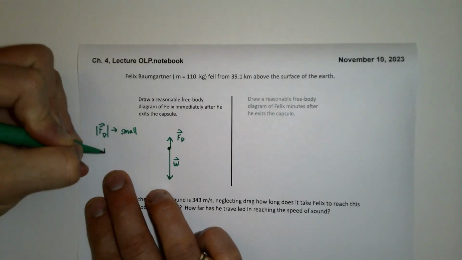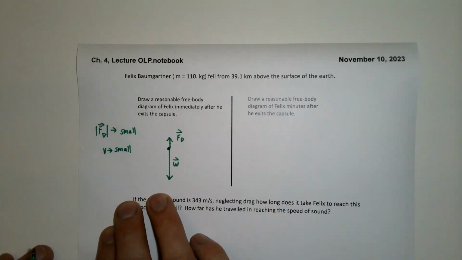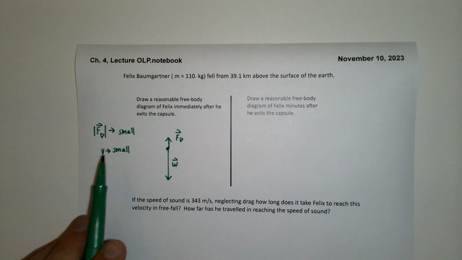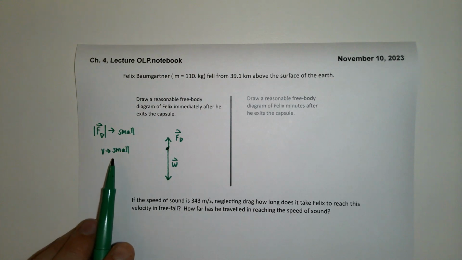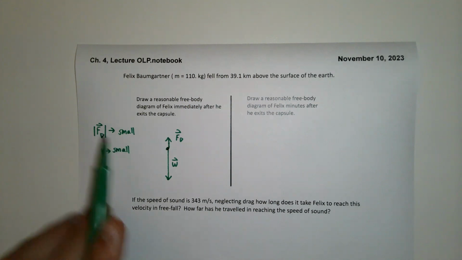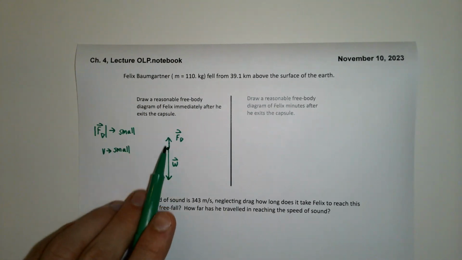The reason is because the velocity is small. He has just exited the capsule. Not much time has passed, so he hasn't had much time to fall, to pick up speed. Because he's not moving at a very high velocity, the force of drag acting on him is also very small. We represent that with a short drag vector opposing his movement downwards.